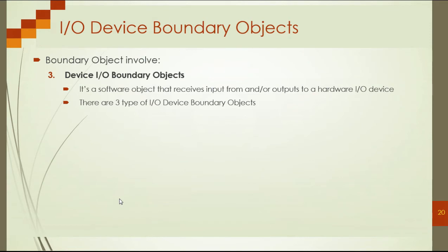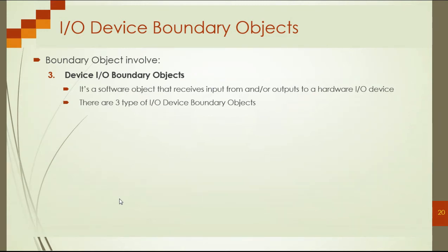The third one is the device, or we can say the input output device. This object deals with input and output devices. So if our system is dealing with any physical device, we should create an interface or object in our system to represent this device.